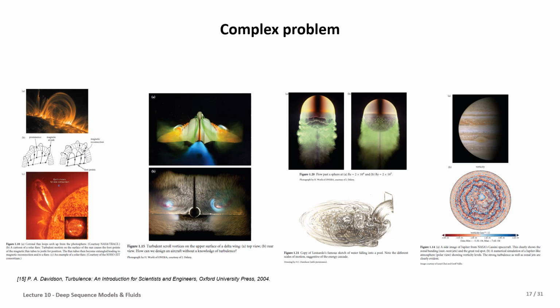Here are a few examples of the complex problems of turbulent flow that we have in the universe. In these figures, we can see coronal flux loops arcing up from the photosphere. These phenomena are indeed very complex, and the scale of these, we usually call vortex.